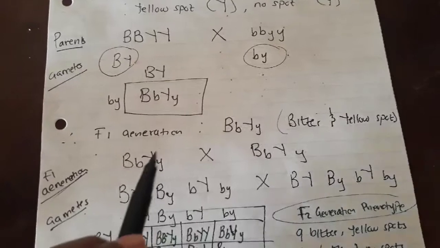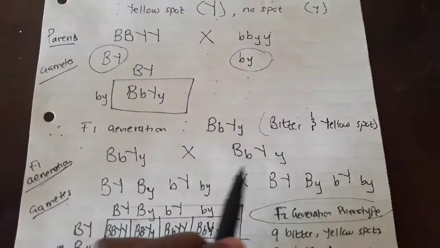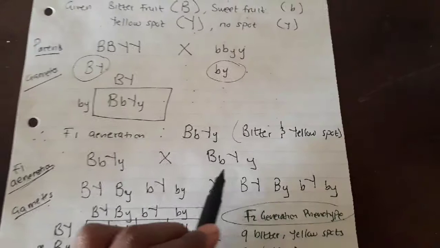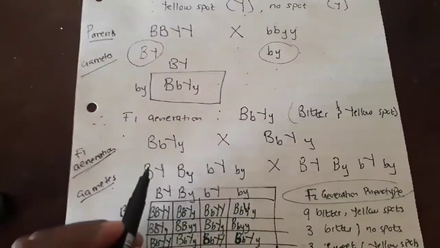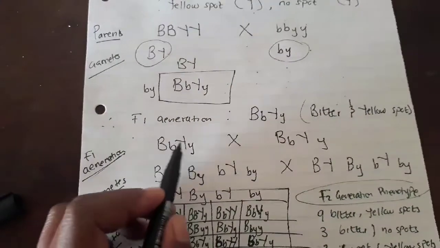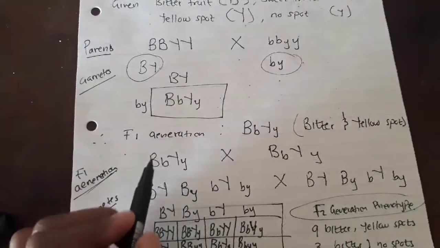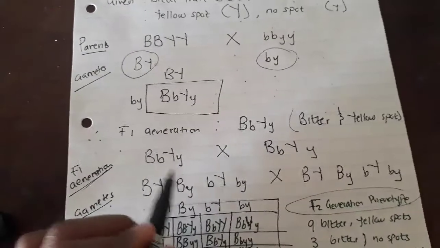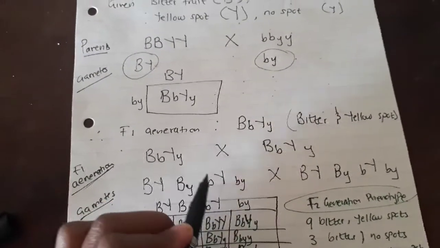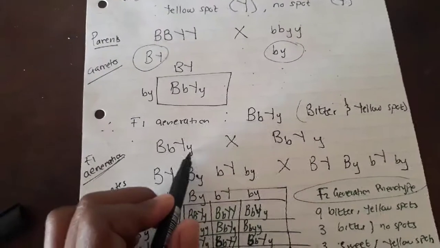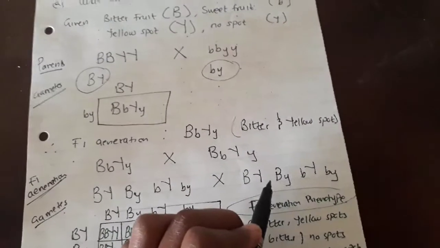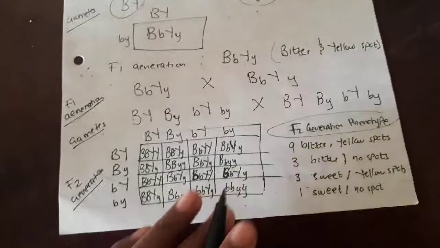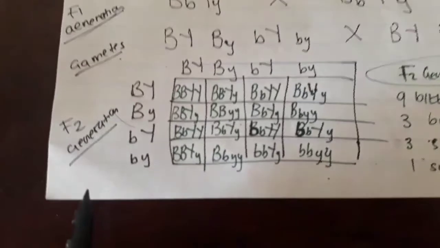We've just calculated the F1 generation. So to get the F2 generation, we need to cross the genotype of the F1 generation. So again, the alleles associate with each other to form the gametes. And since they have the same genotype, they will also have the same gametes. So to get the F2 generation, we use the Punnett square.